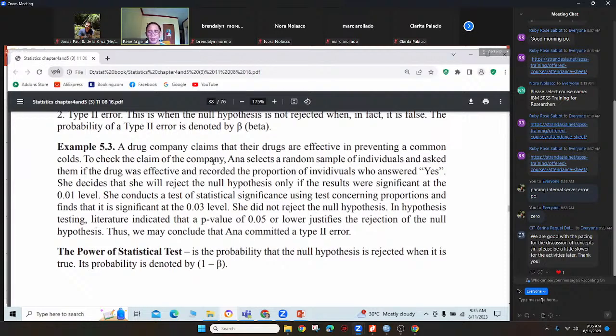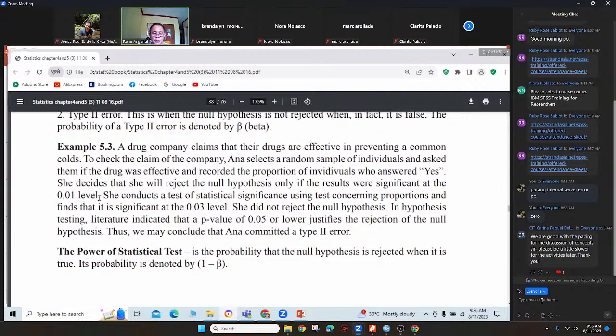To check the claim of the company, Anna selects a random sample of individuals and asks them if the drug was effective and recorded the proportion of individuals who answered yes. She decides that she will reject the null hypothesis only if the results were significant at the 0.05.